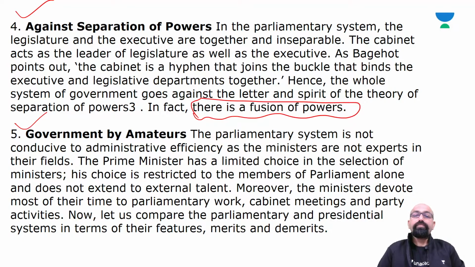Now, let us compare the parliamentary and presidential systems in terms of their features, merits, and demerits. So, basically, these are the demerits of the parliamentary system of government.